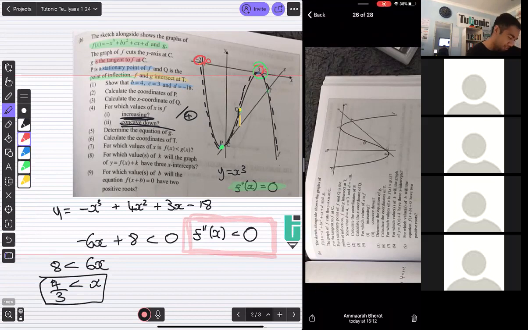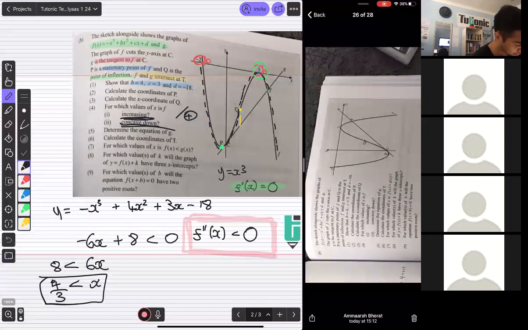So what does concave down actually mean? The way I like to think of it is that the tangent is above the graph. No, wait, sorry, the graph is below the tangent.